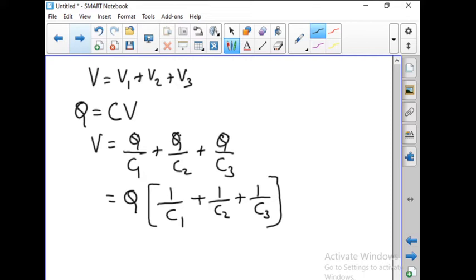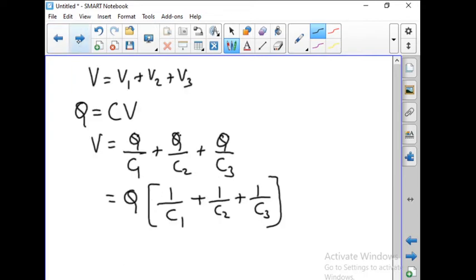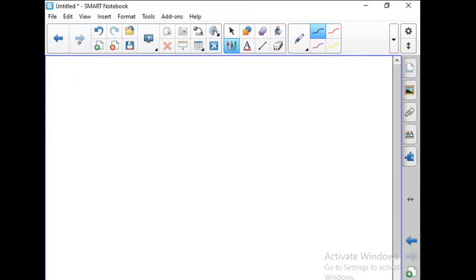Here, these three capacitors that are connected in series are considered to form an equivalent single capacitor. That is, these three capacitors are replaced by a single capacitor whose capacitance value is Cs.